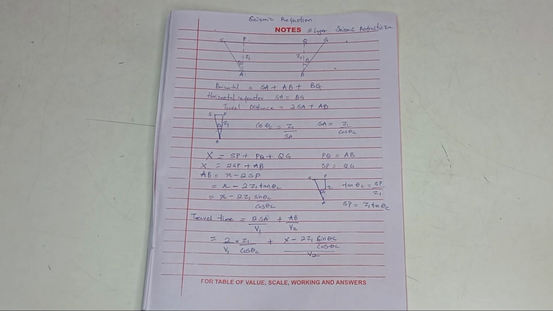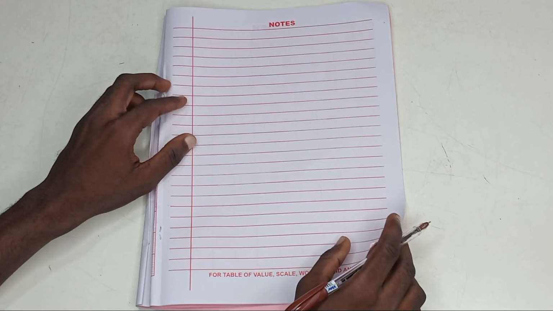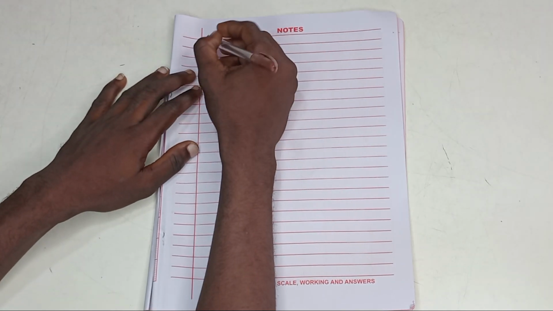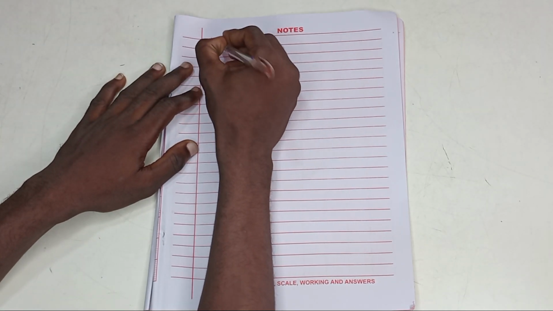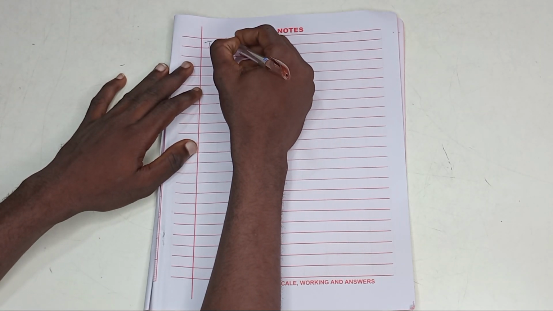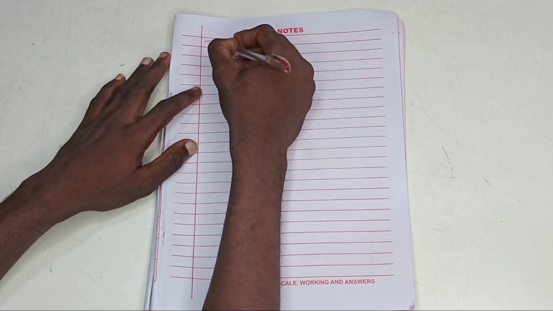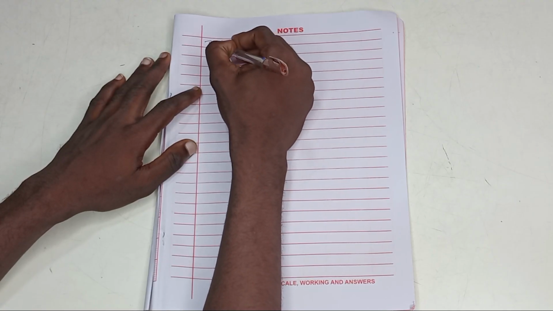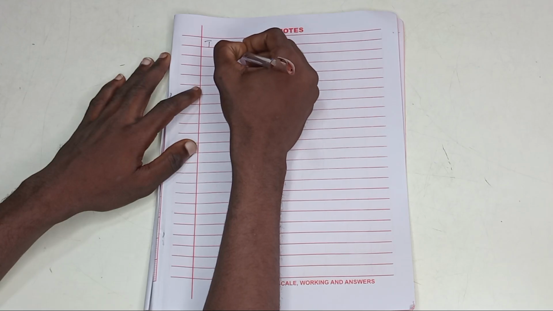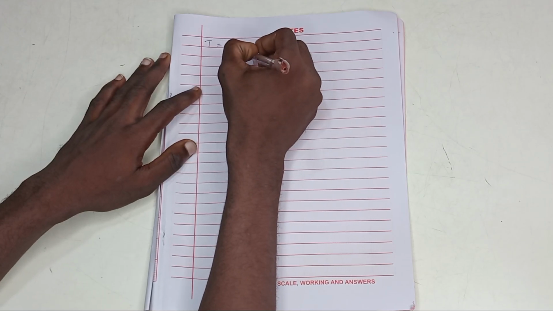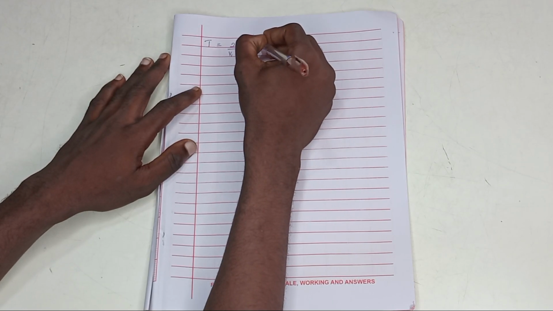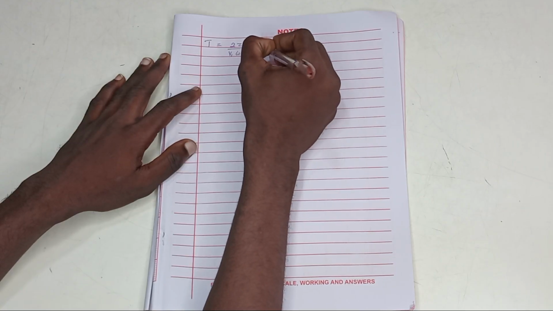Okay, good. So our travel time T is equal to 2Z1 over V1 cos theta C, plus X over V2.